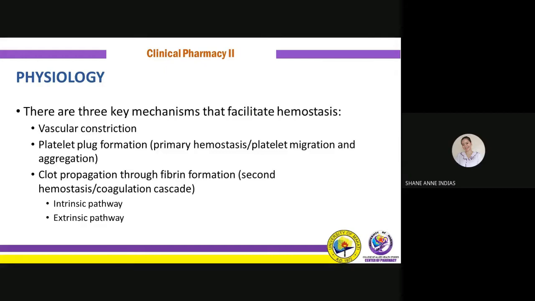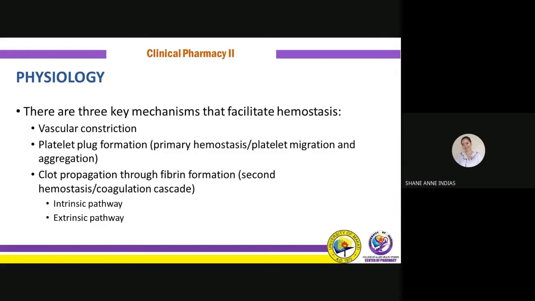And hemostasis, yung function niya talaga is to normally to stop the bleeding at the site of vascular injury by impermeable platelet and fibrin clot formation. So, dun sa hemostasis na yon, meron tayong three key mechanisms that facilitate hemostasis. We have the vascular constriction, the primary platelet plug, and the clot propagation through fibrin formation.